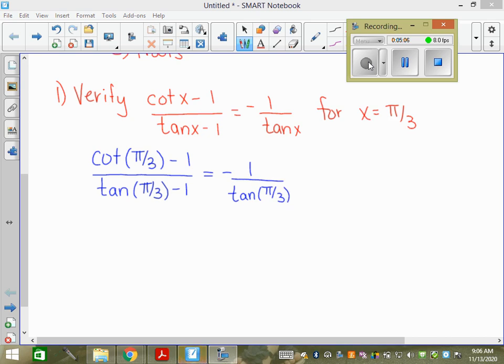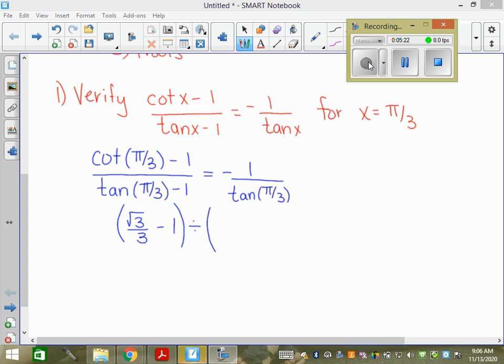What's cotan of pi over 3? Root 3 over 3? Minus 1. Oh, I get a fraction, so I'm going to write it sideways, my numerator beside my denominator. Tan of pi over 3 is root 3.